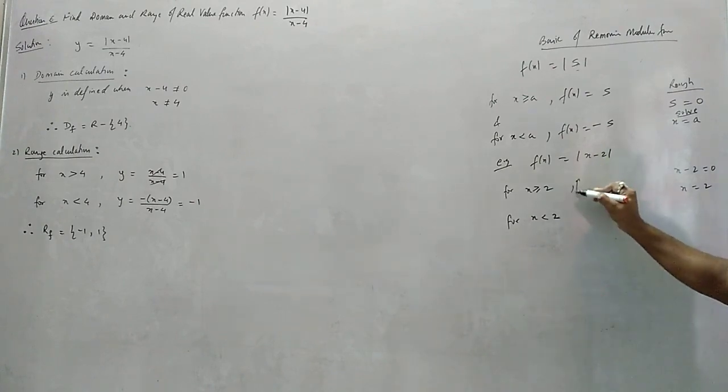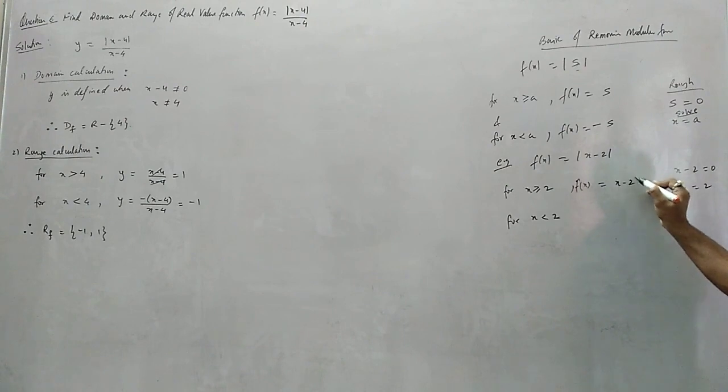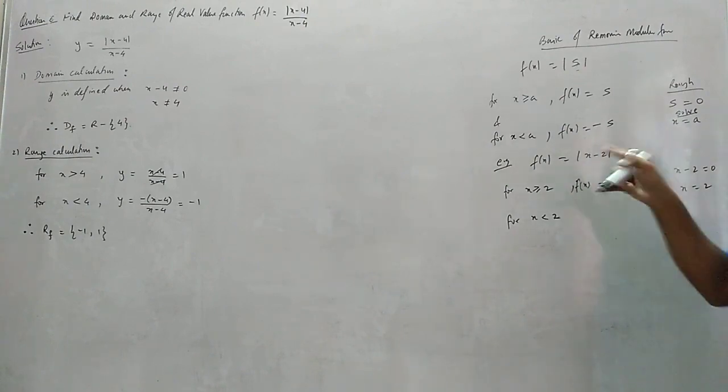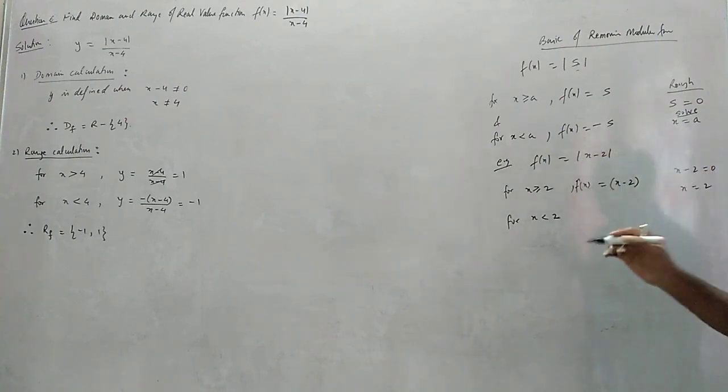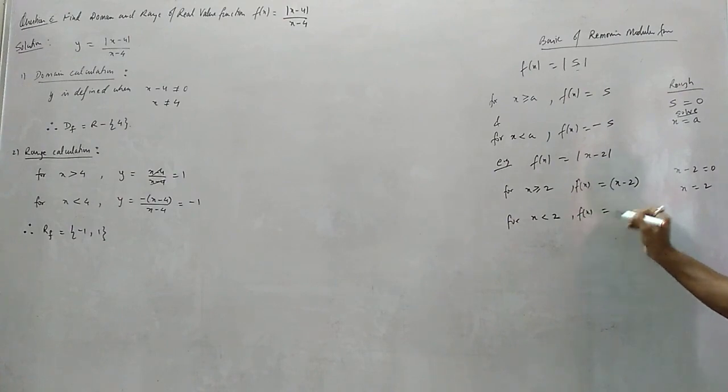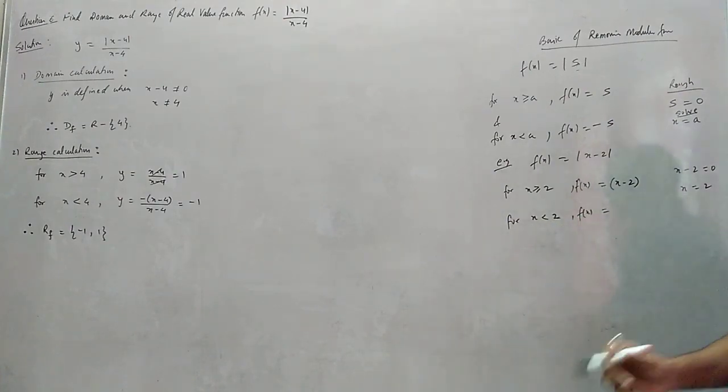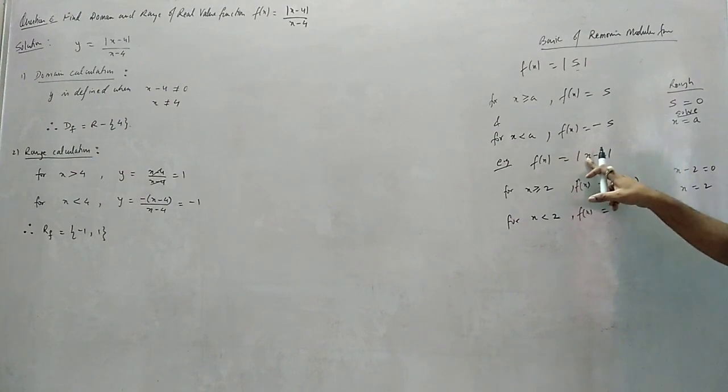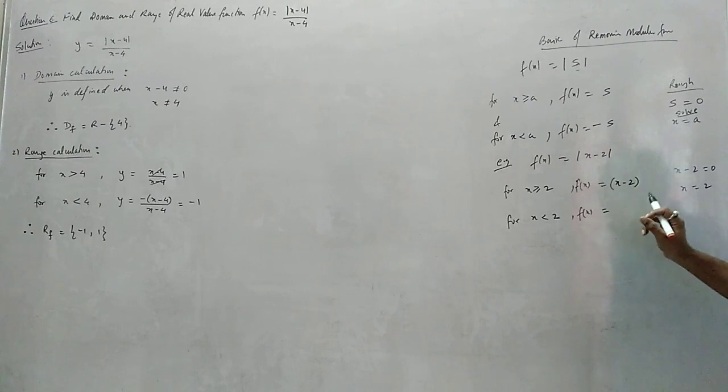That means f of x will be equal to simply x minus 2, because it is already coming positive. We don't need to do anything extra. But for x less than 2, say 1.5, if you substitute 1.5 here, 1.5 minus 2 is negative. But the answer should come positive. So minus of x minus 2.